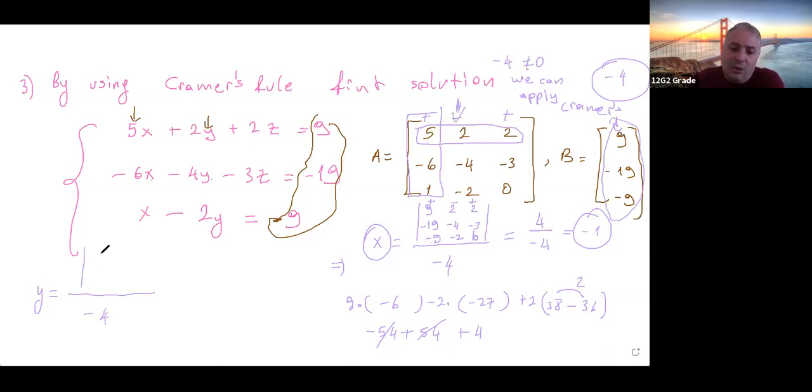So the first column is the same, no change. But the second column is now 9, -19, and -9. And the third column is also the same: 2, -3, 0. Now, how will I expand this? Let me do it here, changing the colors.